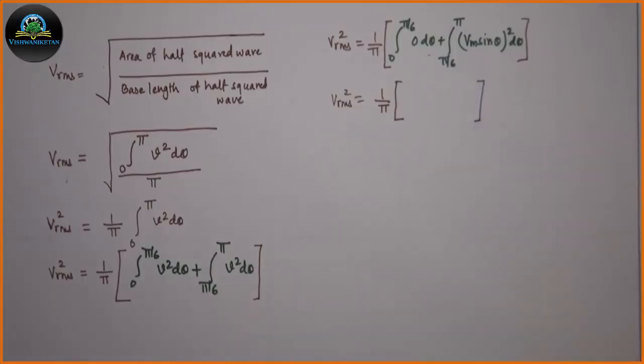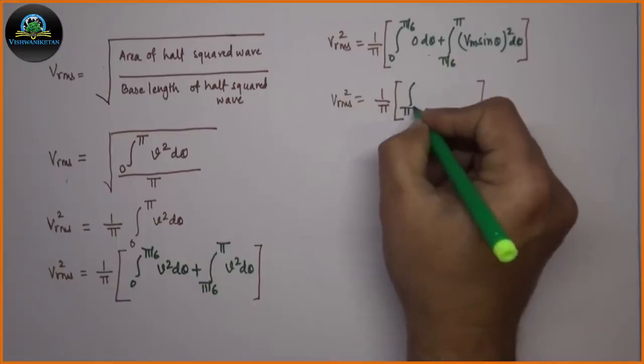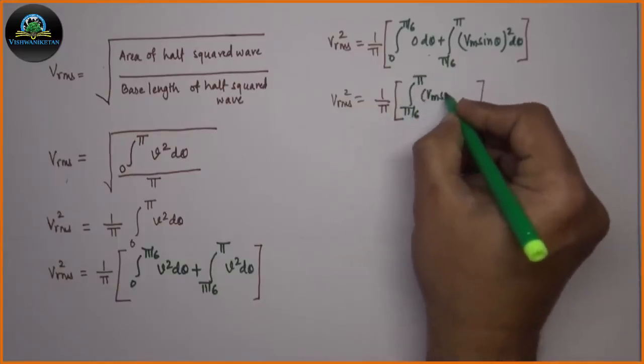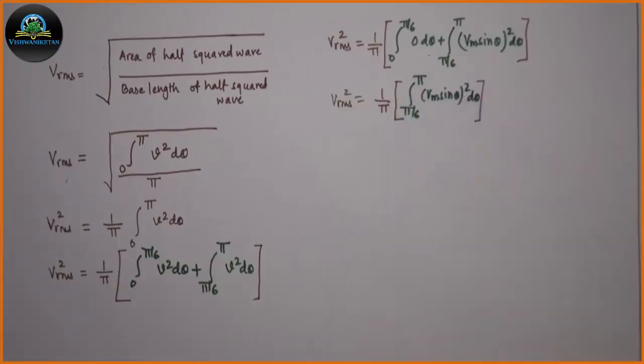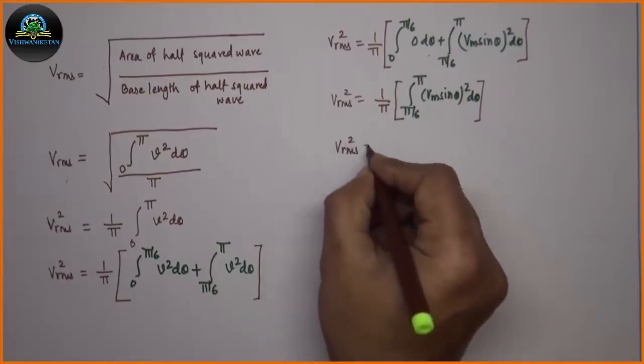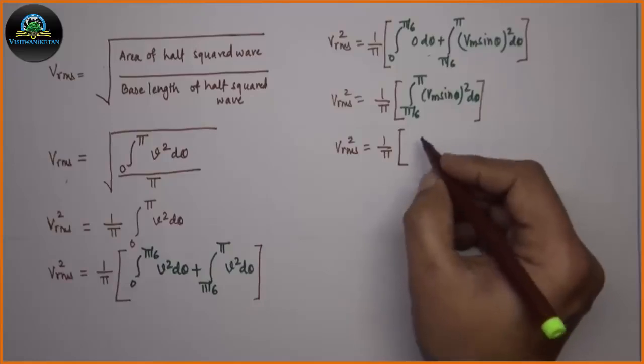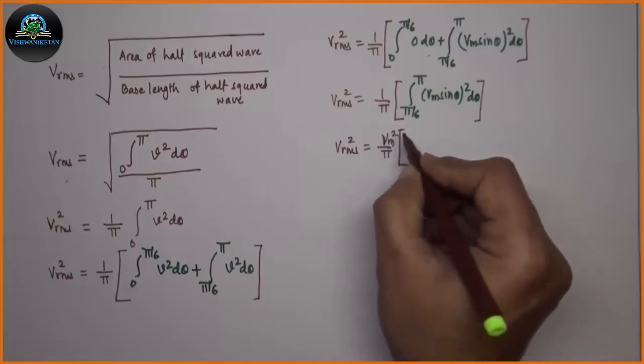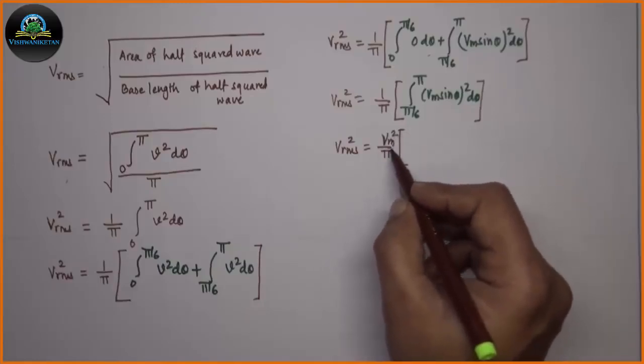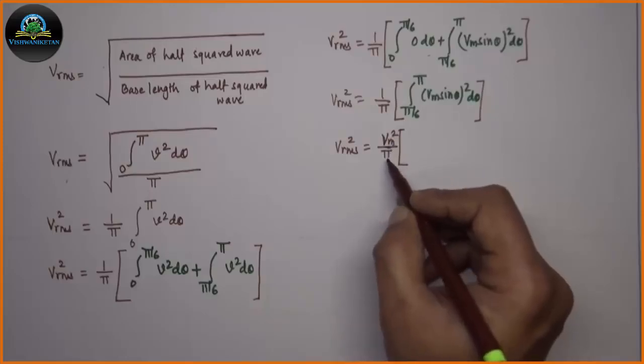So second part will be as it is. Take Vm square outside, so it becomes Vm square by pi.